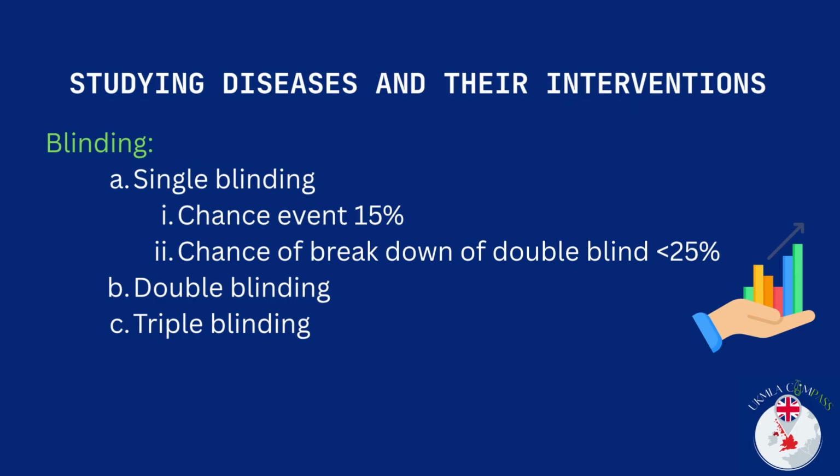So there is no one who knows which is which. No doctor knows which patient is taking the placebo or the new drug. The patients themselves do not know, and there is no third party who knows about both of them.